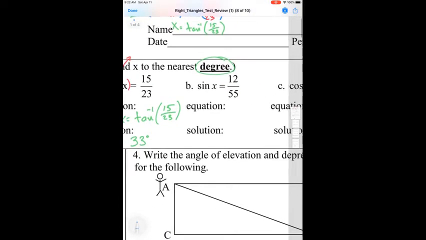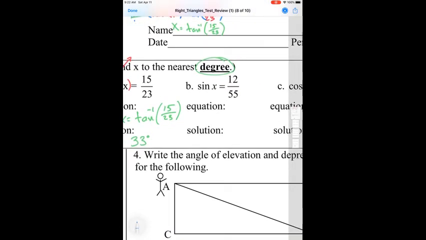For letter B, it's more or less the same thing. The only difference is, instead of using tan, now we're going to use sine inverse. So my equation would be x equals sine inverse of 12 over 55. That's what I would put in the calculator, and the answer that I get for x would be 13 degrees.